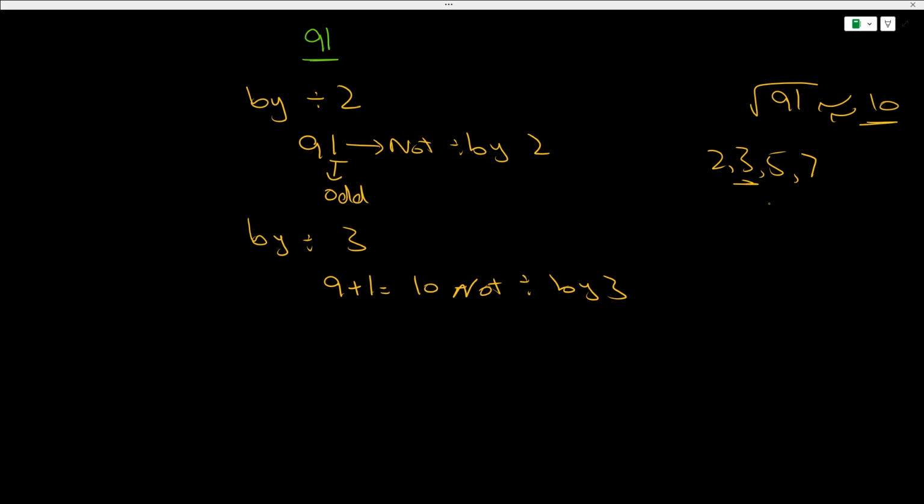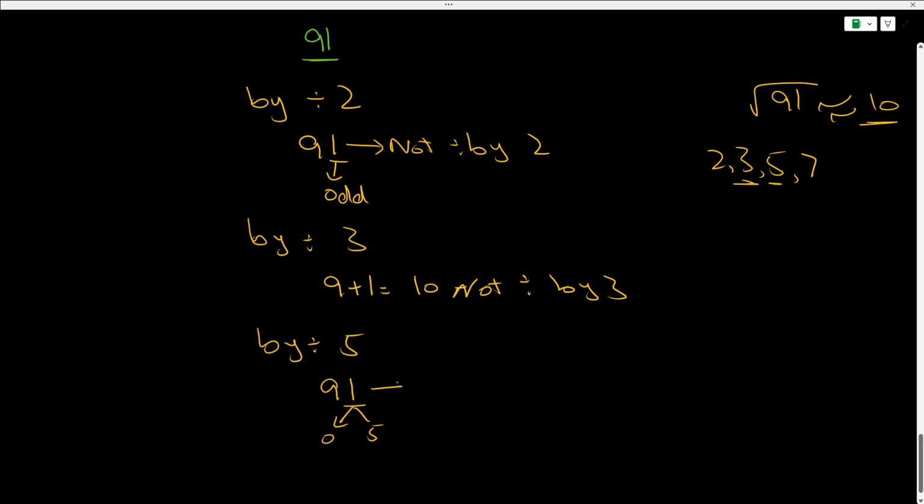Next in the list is the number 5. We will check its divisibility by 5. We will look at the last digit, that is neither 0 nor 5. So we say 91 cannot be divided by 5 as well.